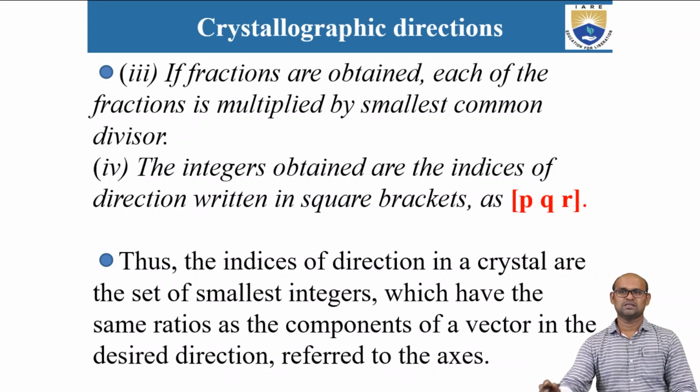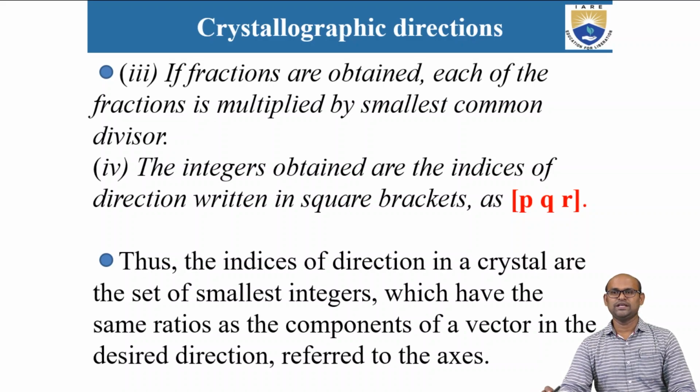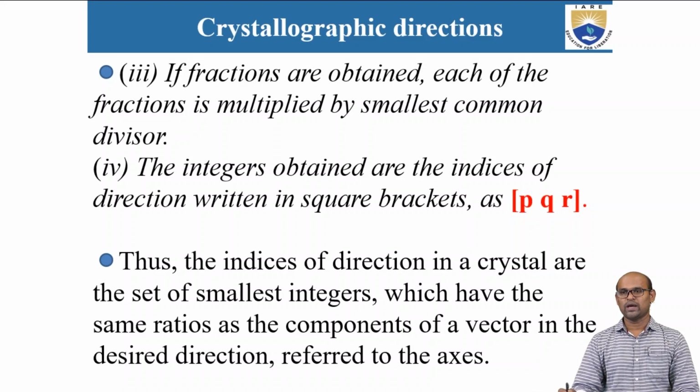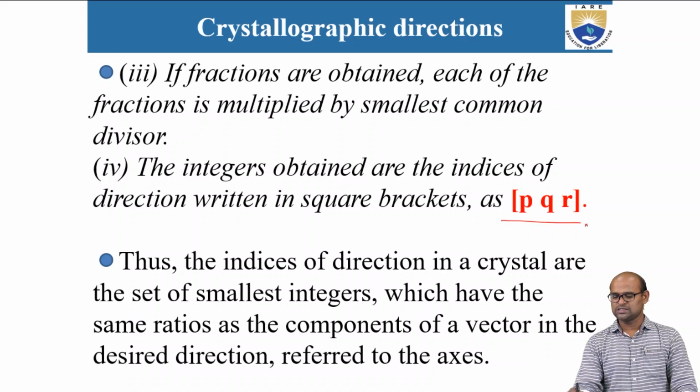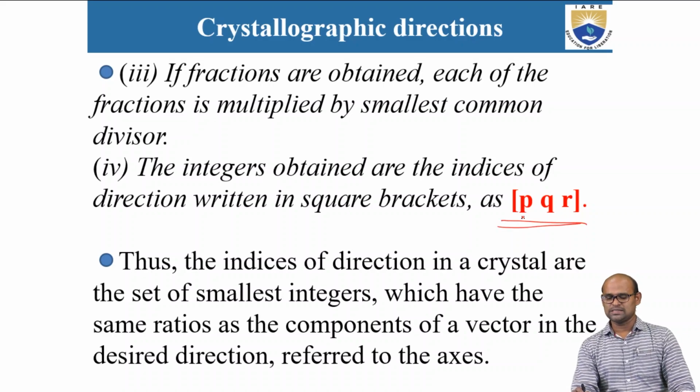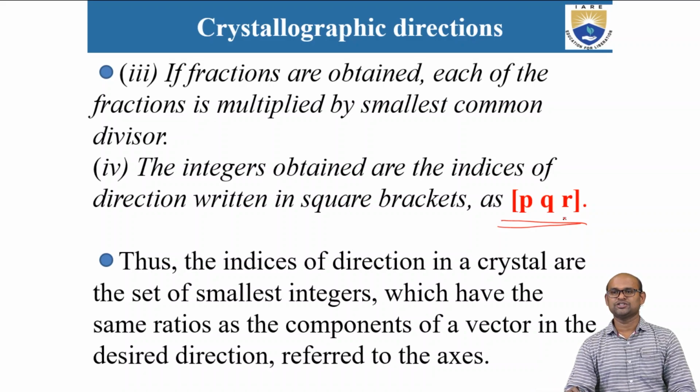The fourth step is that the integers obtained are the indices of the direction, written in square brackets. So the P, Q, R without commas, enclosed in square brackets, will tell us about the direction in a crystal.